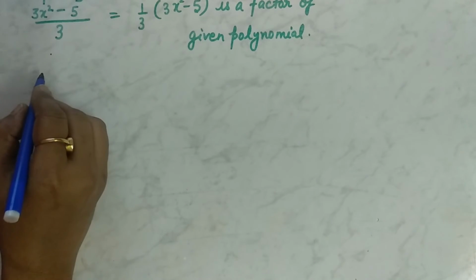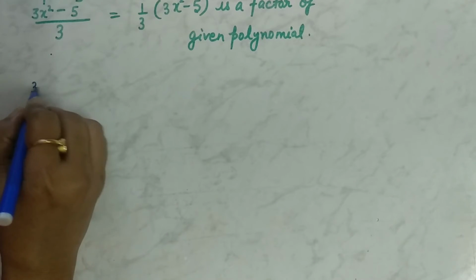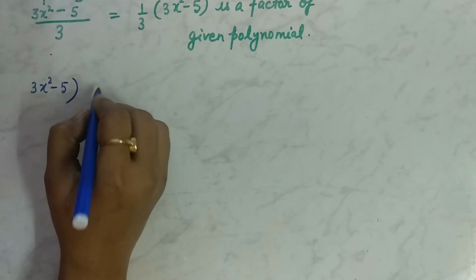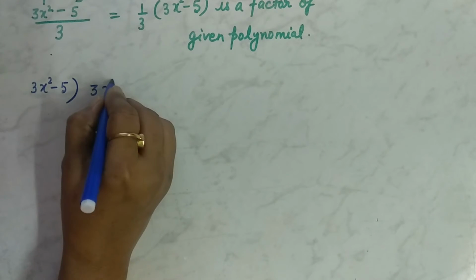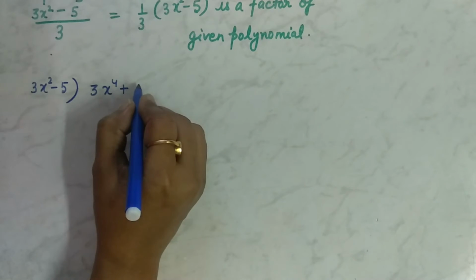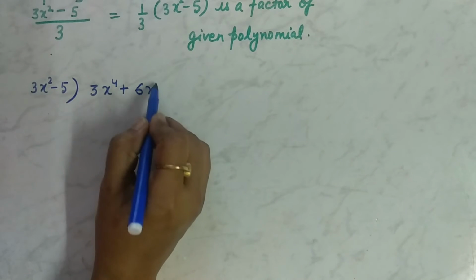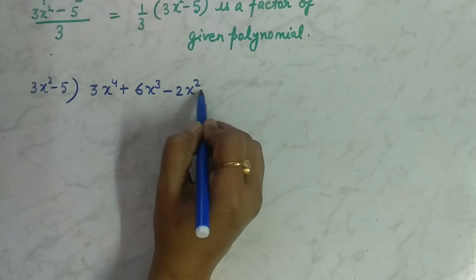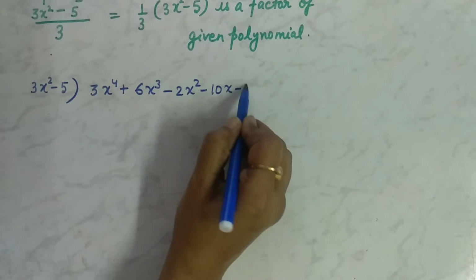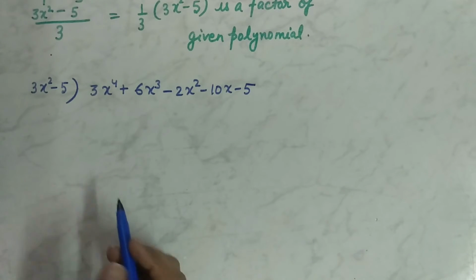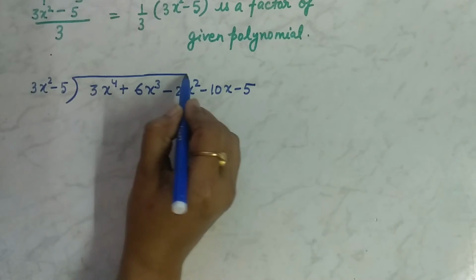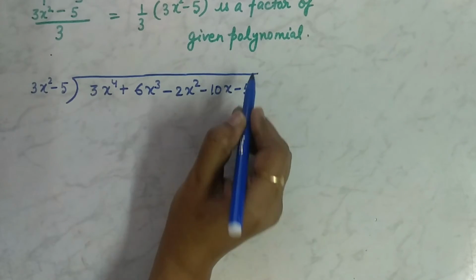So now let's divide 3x square minus 5 into the given polynomial 3x to the power 4 plus 6x cube minus 2x square minus 10x minus 5. I draw this line.